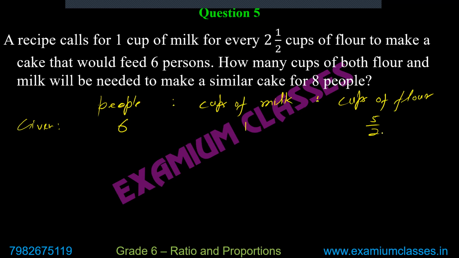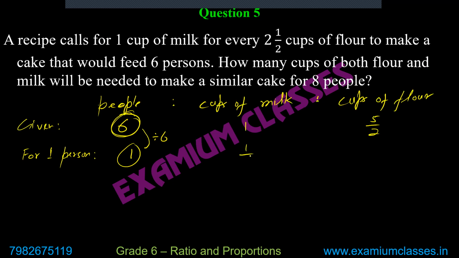Right? Now to calculate 8, you will apply unitary method. You will say for one person, for one person. So how do you get 1 from 6? If you divide 6 by 6, then you will get 1. It means all these values you need to divide by 6 to get the milk and flour cups.